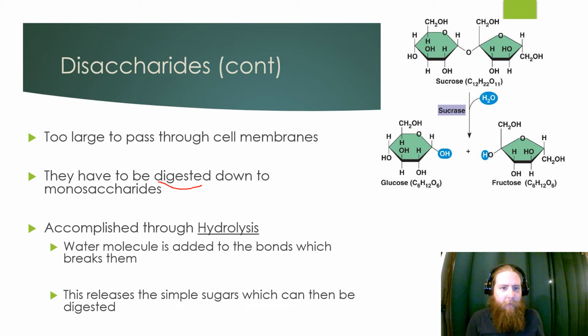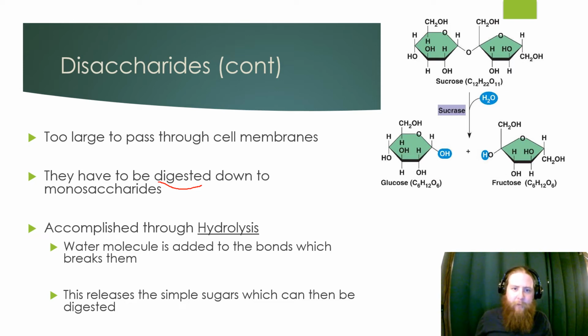To do this, we use hydrolysis to break apart that bond, which will release our simple sugars. In this example here, water is being used to break apart sucrose using the enzyme sucrase to create glucose and fructose, which your body can then use to make energy and do cellular processes.